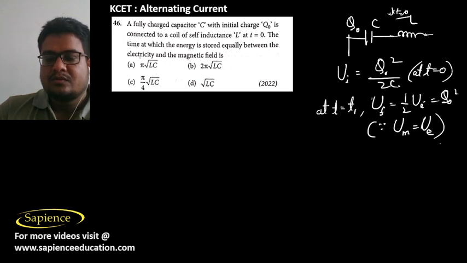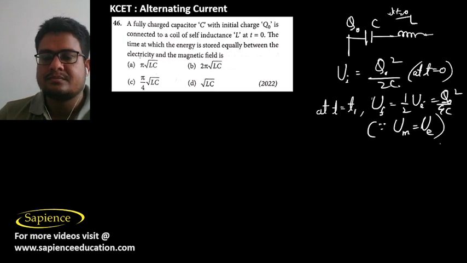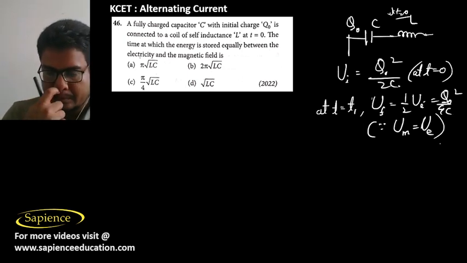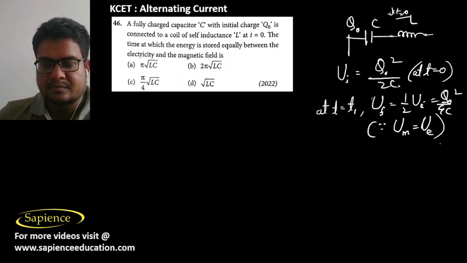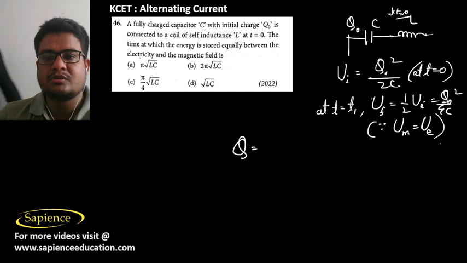This is Q0 square by 4C. So the final charge in the capacitor will be given as Q0 cos omega t.